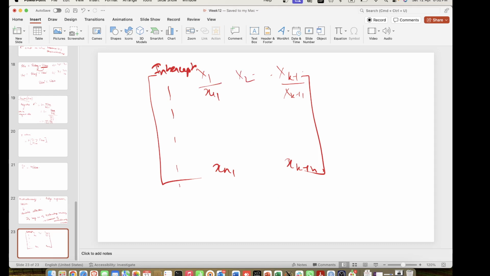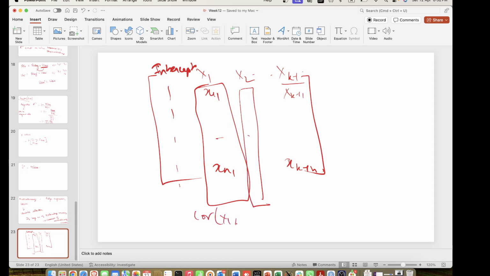There could be a high amount of correlation between these two columns, so correlation of x1 and x2 could be high. If we keep on including more terms, xk plus 1, up to xk plus j, the chances of having such pairwise correlations increase.